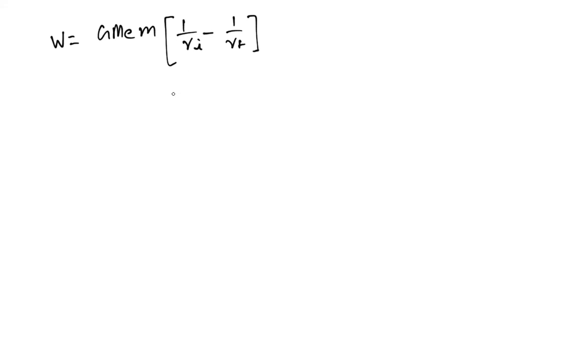Okay, so if we are at the surface of the earth, which means let's say Ri is the same as Re, which means we start here and we end here.